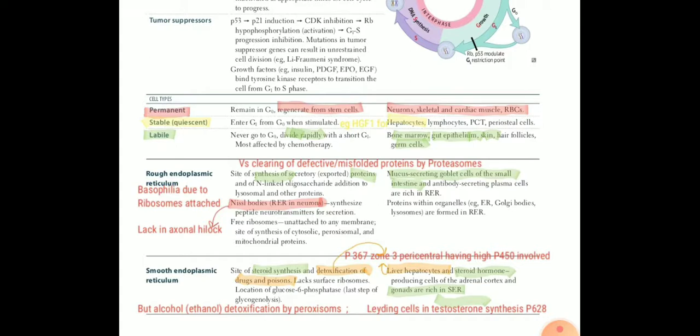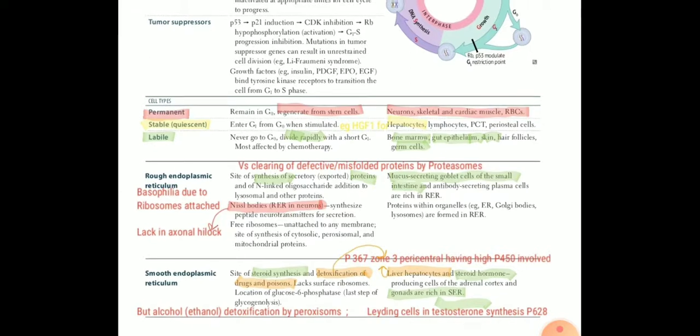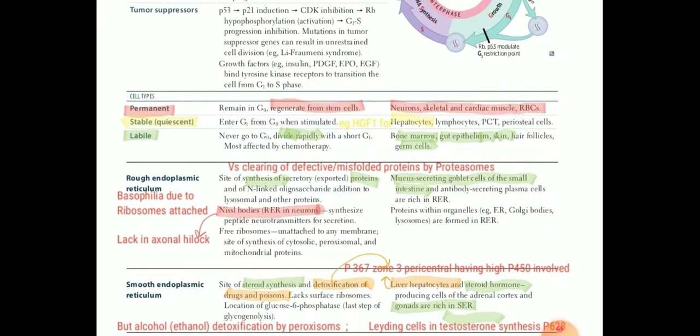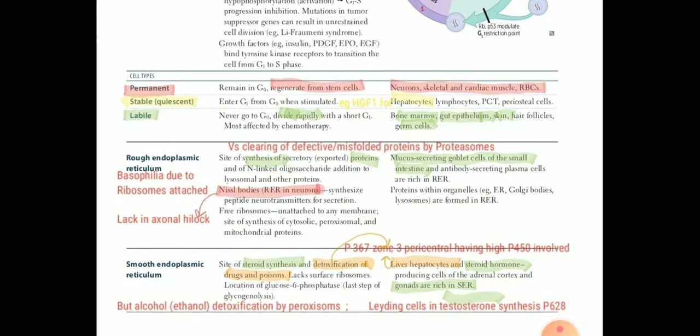Skeletal muscle does grow in size by hypertrophy, but not by hyperplasia, and we see cardiac hypertrophy as well. So the maximum these cells can do is hypertrophy but not hyperplasia, and neurons do not hypertrophy and RBCs do not divide. So these are all examples of permanent cells.